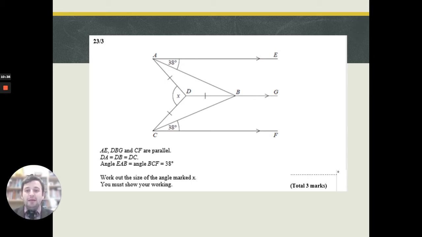They need to be clear with what they're doing, and this could be annotating the diagram with bits of information they know and reasons why they have said what they've said. But we talk a lot about trying to tease out this idea of showing your workings, and you must practice every question in class as if you were doing it in the real thing.